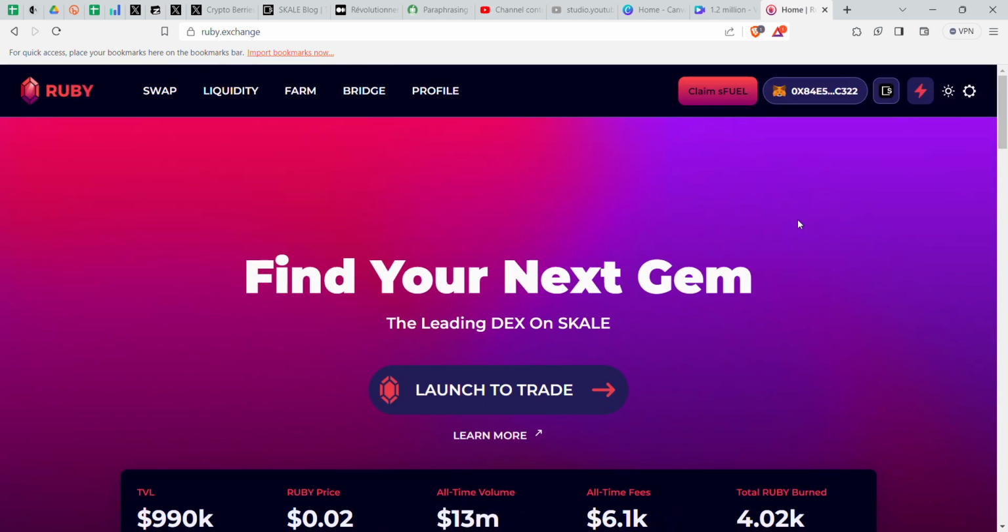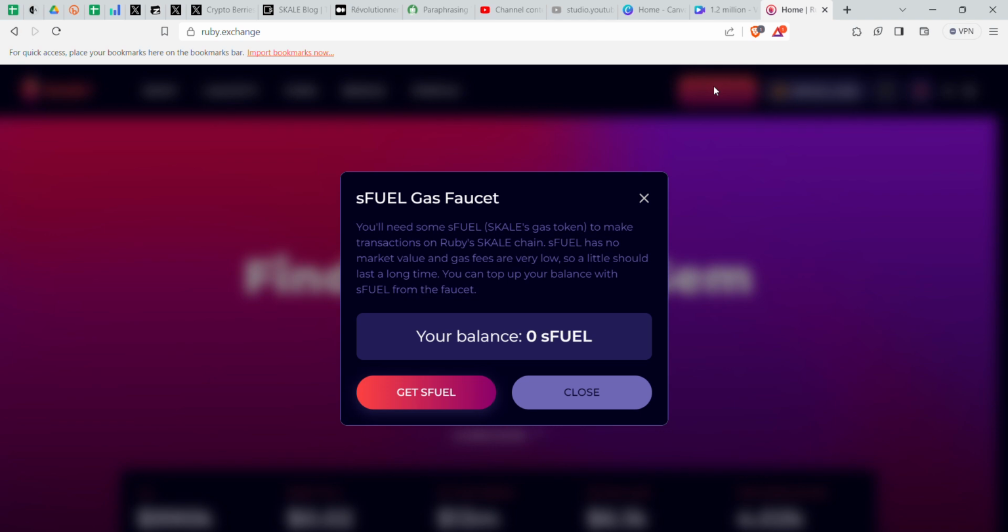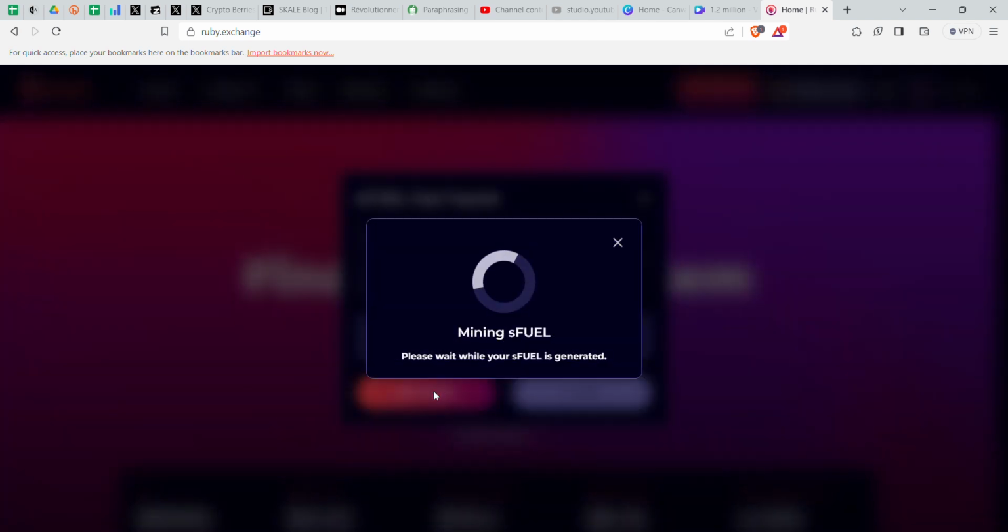So now the wallet is successfully connected. If you want to transact on SKALE network, you can easily claim the valueless transaction token, which is sFUEL. You may need some sFUEL, SKALE's gas token, to make transactions on Ruby SKALE chain. sFUEL has no market value and gas fees are very low. You can top up your sFUEL from the faucet, so you can just click here to get some sFUEL token.